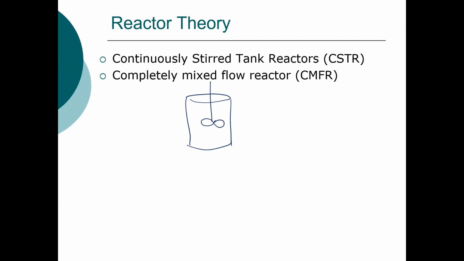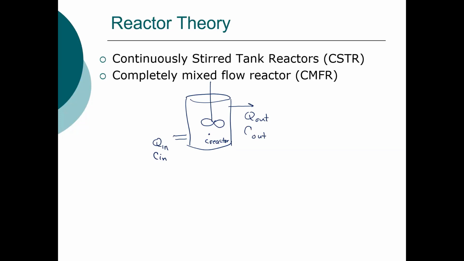What makes it a CSTR is that we have flow in and we have flow out. Okay? And we have the concentration in the reactor. Okay? So we have a concentration in, we have a concentration out.